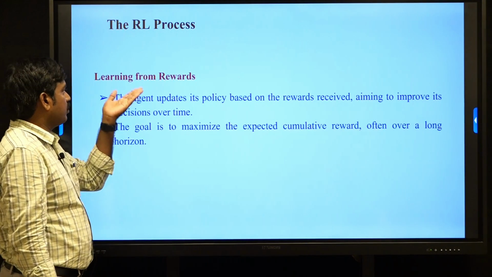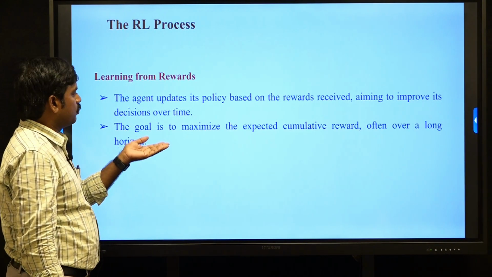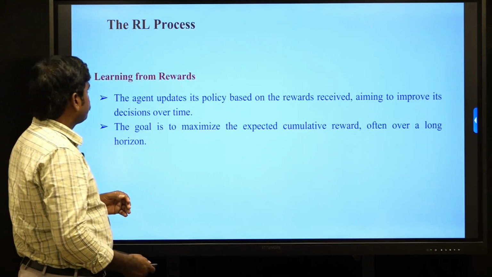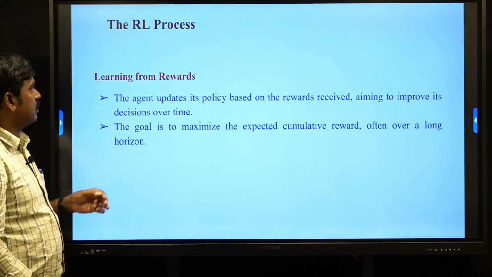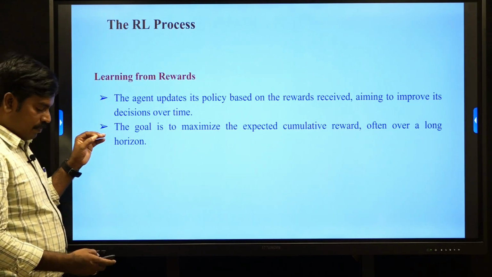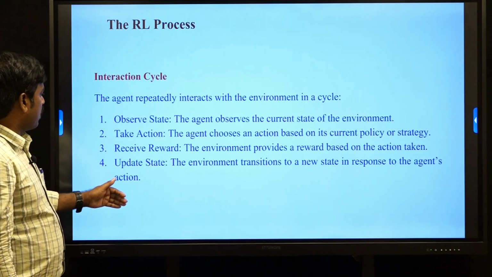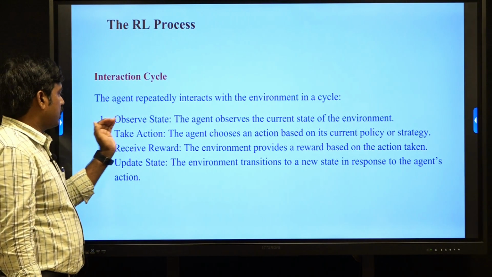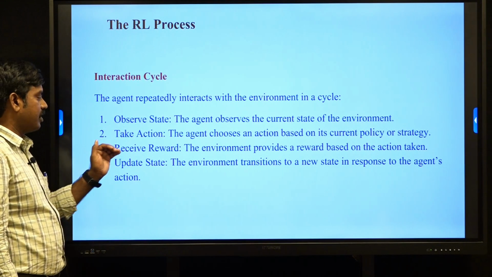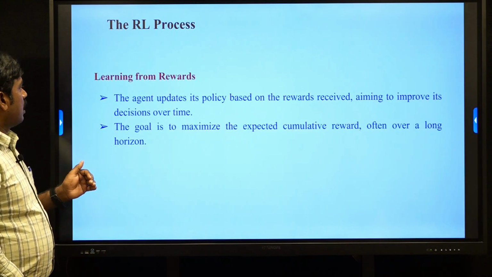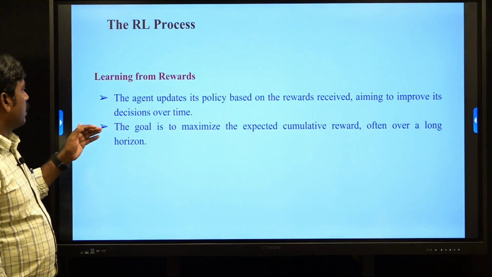The main aim of the learning process in reinforcement learning is to maximize the cumulative reward. This is the learning process. First, define the objective function. Next, we perform the iterative operations: agent and environment, observe the state, take action, receive rewards and update the state. This cycle continues until the conditions, the decision targets, are reached.